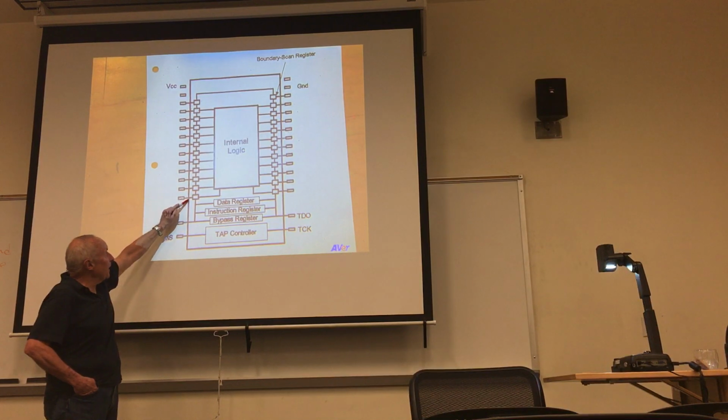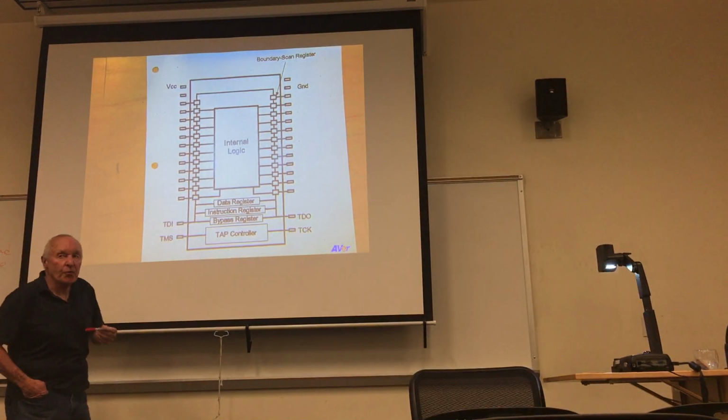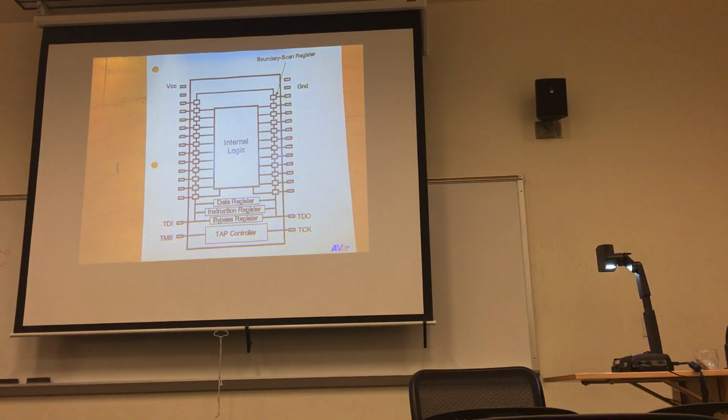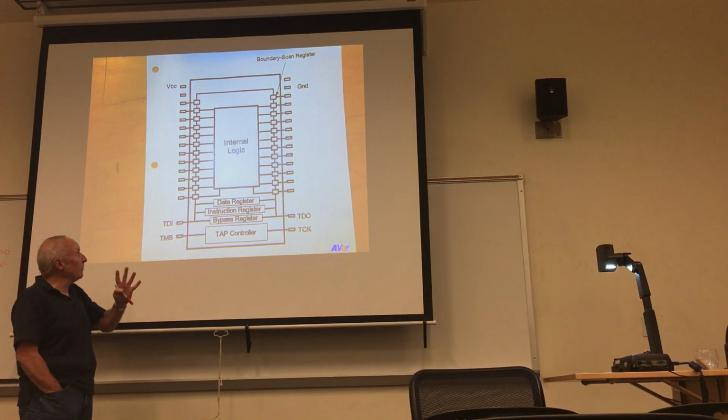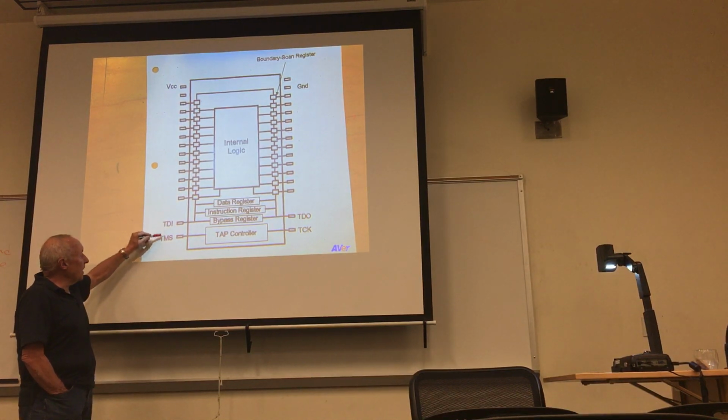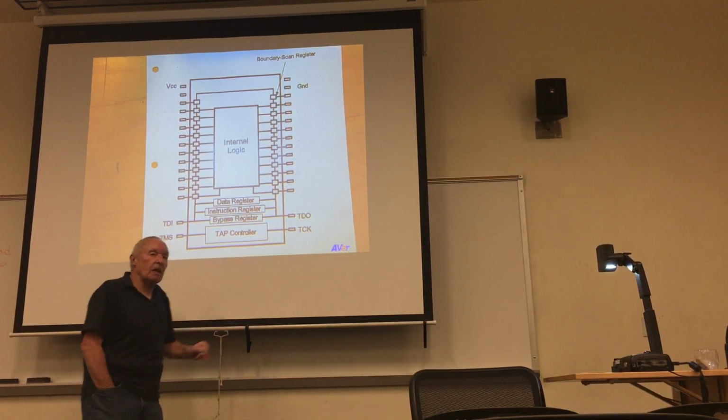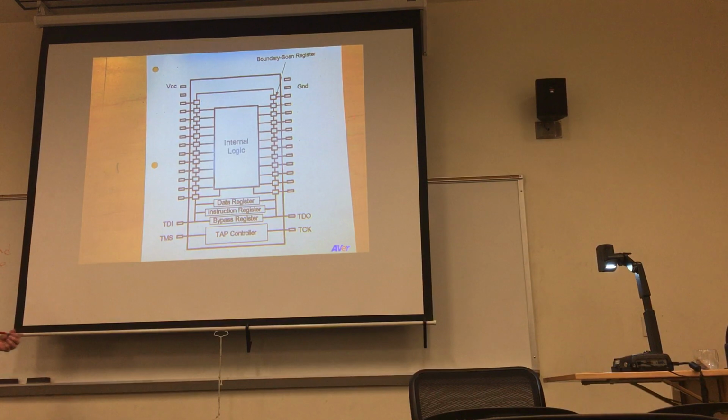For each pin, you have to have something called a boundary scan register. And we'll take a look at the internal architecture of that shortly. You have to add 4 additional pins to the chip: TDI, TMS, TDO, and TCLK, which are all JTAG pins.